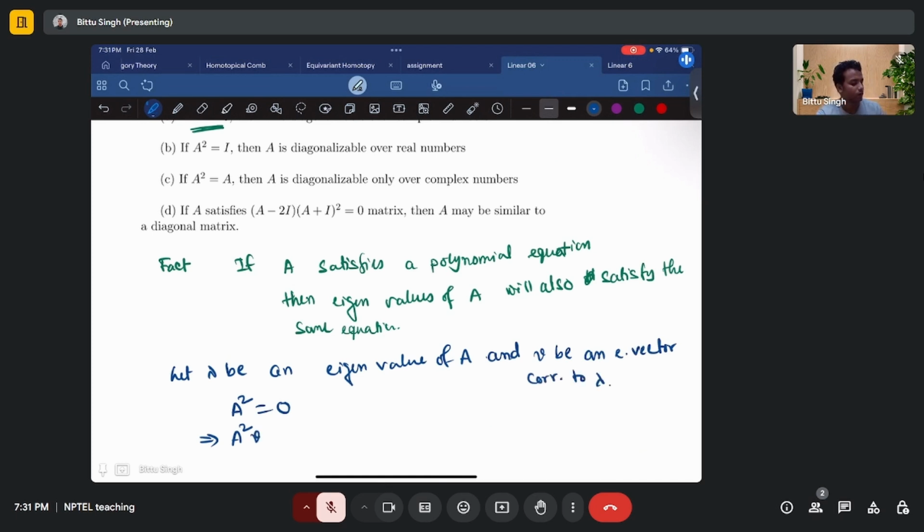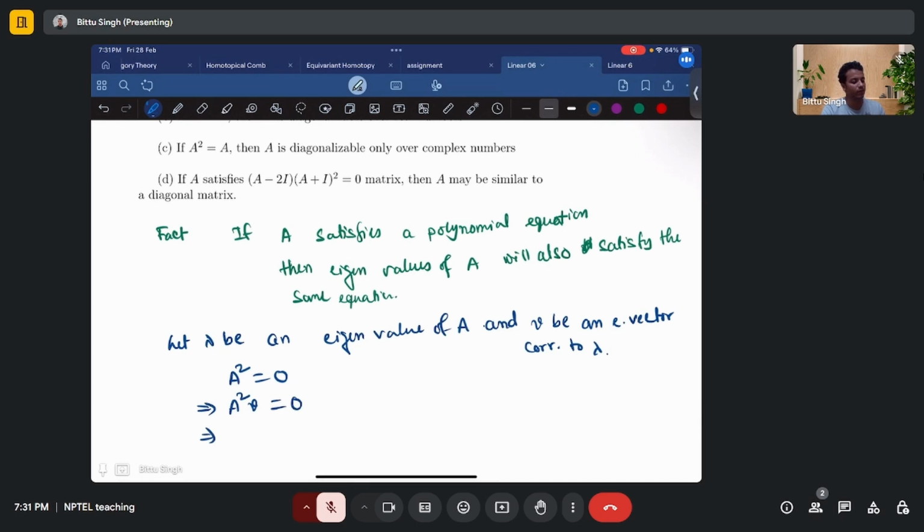Then A square V is also 0, just multiply with V. But A square V means A times AV equal to 0. So again AV is the same as lambda V. So A times lambda V equal to 0.